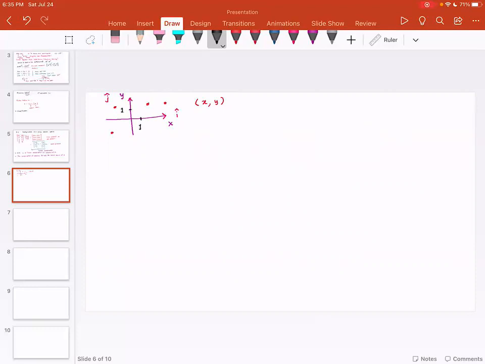If you travel by 1 unit in j direction, you will be 1j. So this vector is nothing but 1, 0, and this vector is nothing but 0, 1. So that is the representation of the unit vector i and unit vector j.